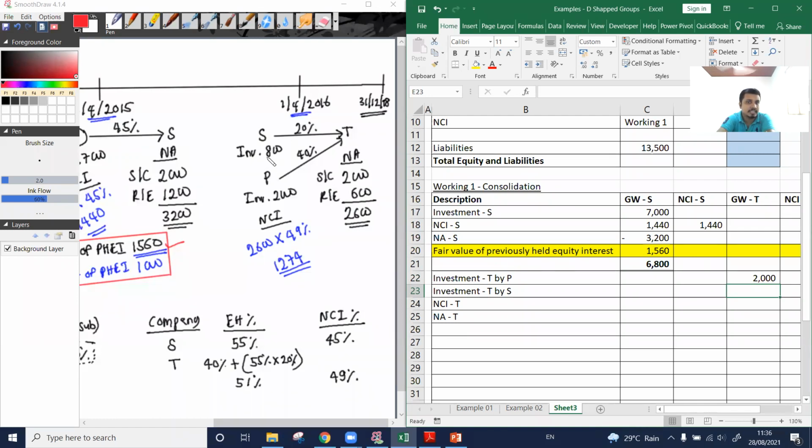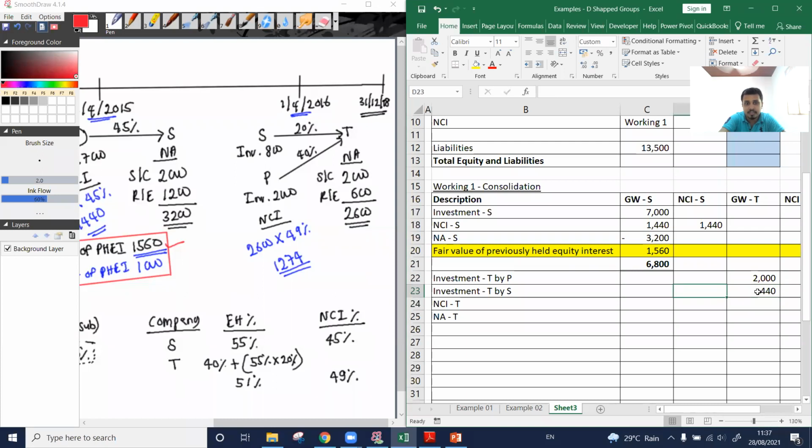This 800 belongs to parent company shareholders as well as to the other shareholders. So what is the amount belonging to the parent company shareholders? That is 800 into the effective holding percentage of S, 55%. Yes, 440. So 440 need to be debited to the cost of control account.